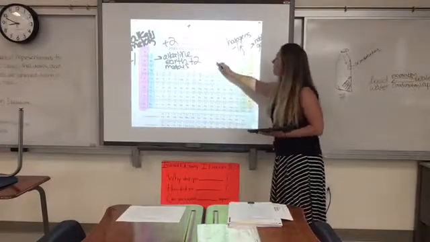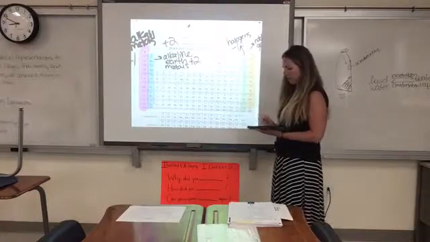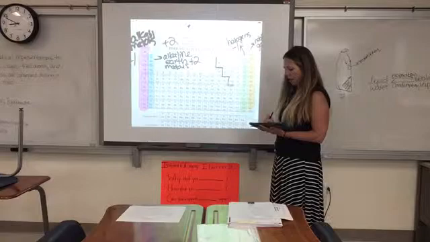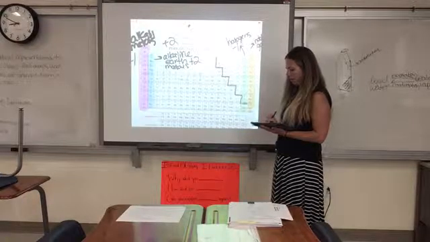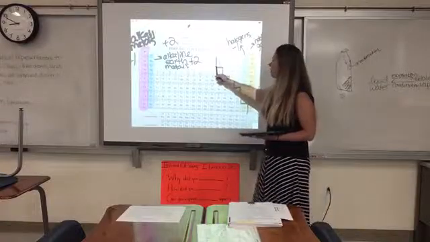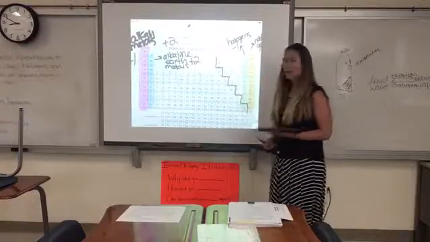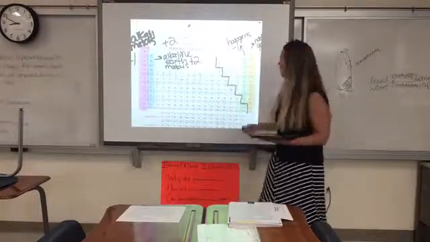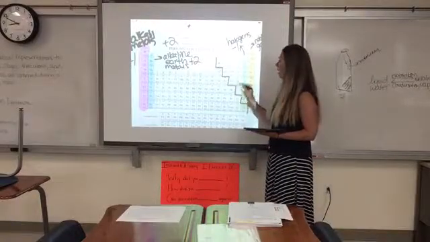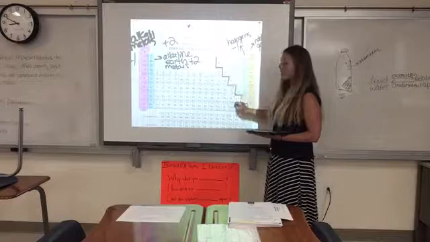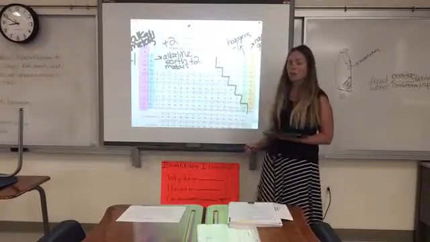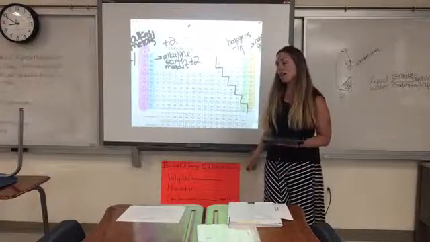You'll notice on here, I just want to make you aware that the staircase is not drawn on here, okay? So you might want to become familiar with where the staircase would go. It always starts to the left of boron, and then you just draw it all the way through, because that staircase represents your dividing line between metals and nonmetals, okay? Most of the things on the staircase are considered to be metalloids because they have properties of both metals and nonmetals.